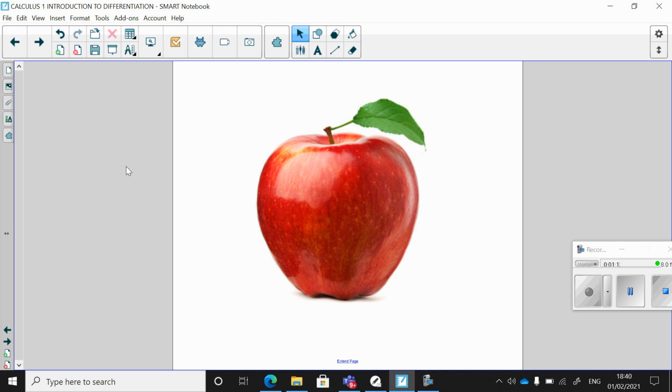So if calculus was an apple, the people who strove to unlock the secrets of calculus, they didn't know about the whole apple.